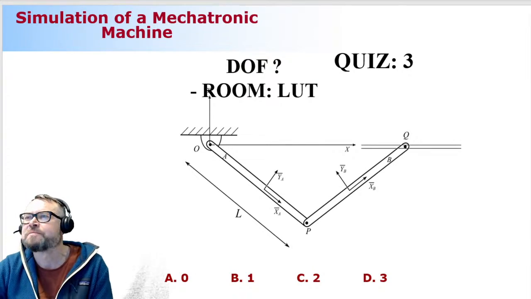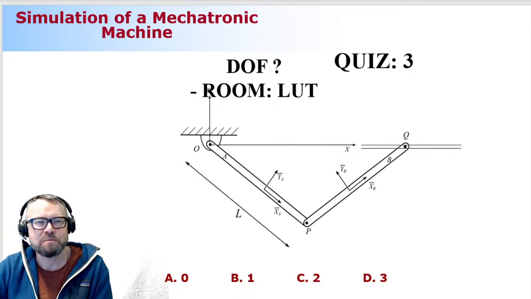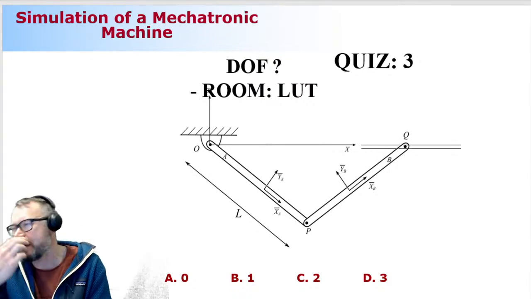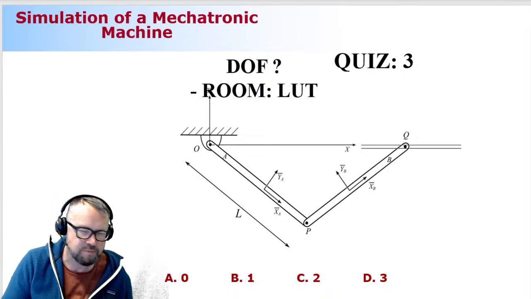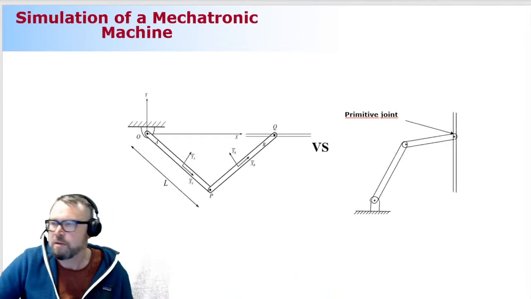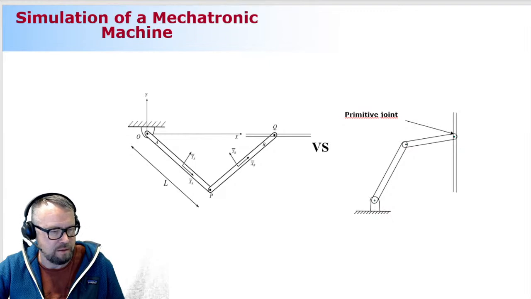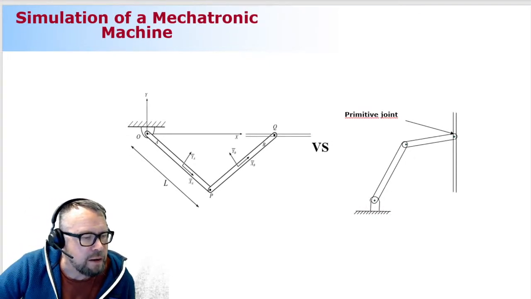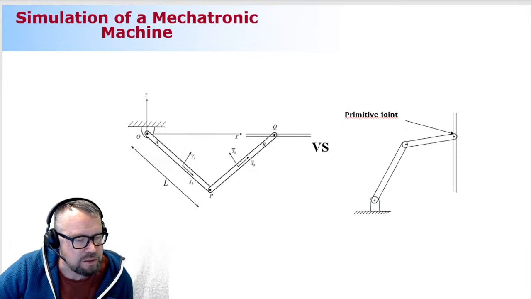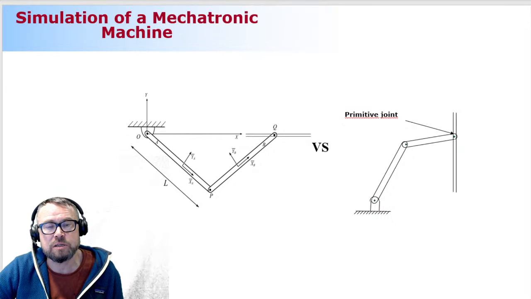Okay, but is it 100%? We'll see that. 61 answers. I'm still expecting a couple more and then we're good to go. And we're going to take a look at how we can introduce the constraint for this system, and then we're going to move on to kinematic analysis.